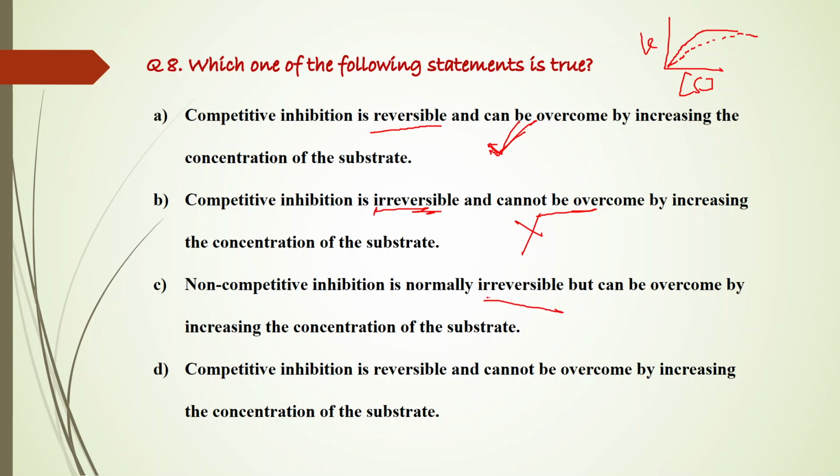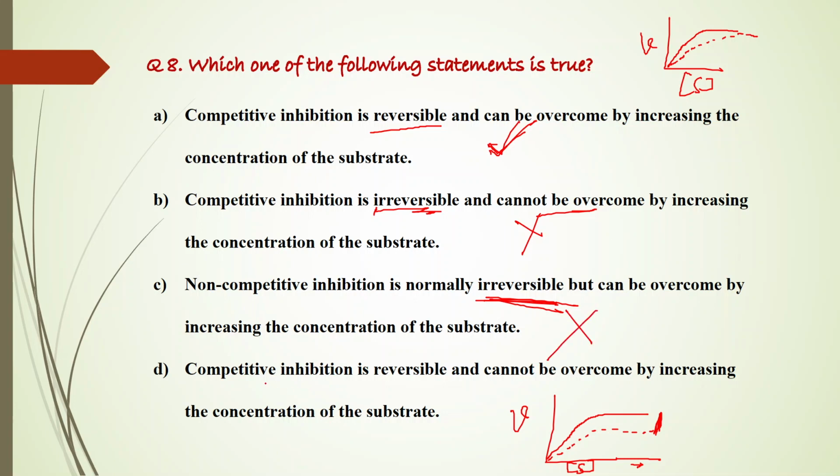Non-competitive inhibition is also a type of reversible inhibition, and if you remember the graph for non-competitive inhibition from the last session, even after increasing the substrate concentration, we cannot achieve the full maximum velocity. That means by increasing the substrate, you will not be able to overcome the effects of a non-competitive inhibitor. So our third option is again a wrong option.